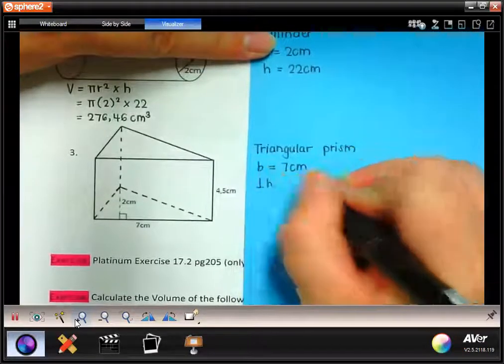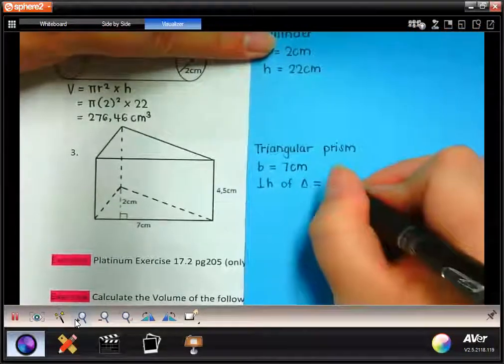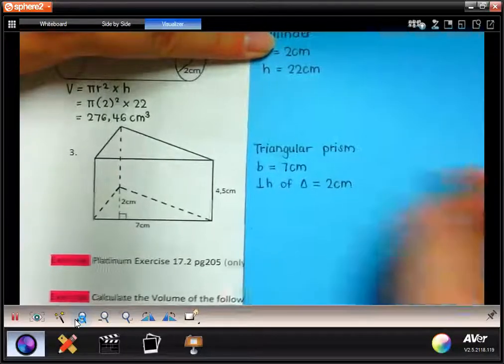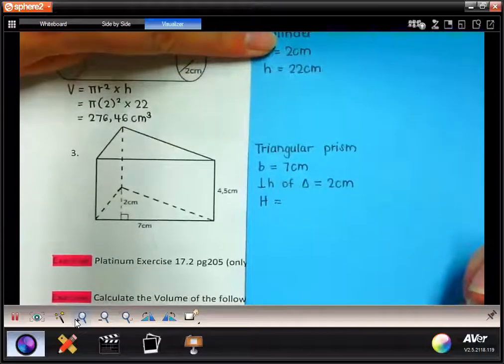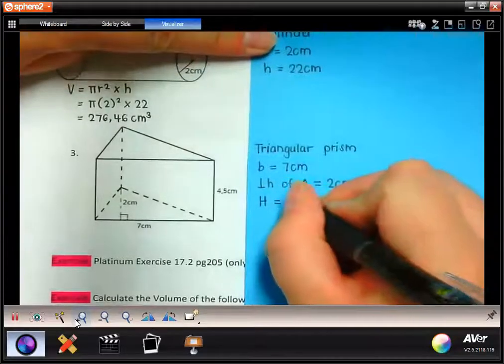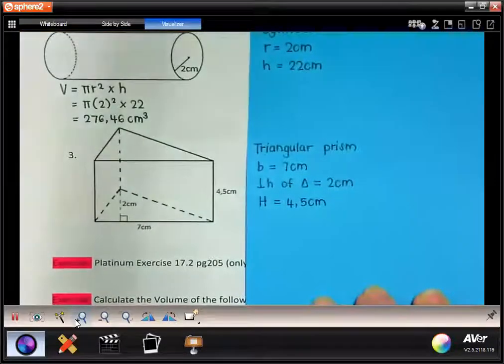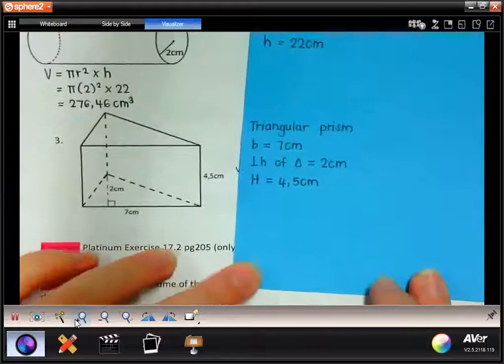The perpendicular height, I'm just going to write here, of triangle is 2 centimeters. And then the height of the whole prism, remember we use a capital H for that, is 4,5 centimeters. Okay, please calculate that volume on your own using the formula that we wrote down.